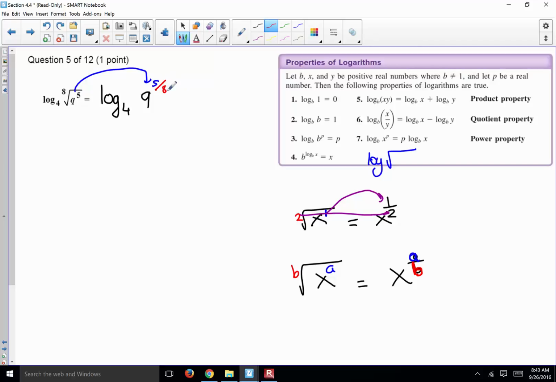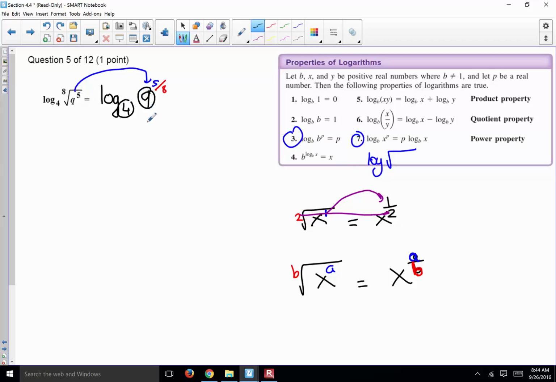Again, 5/8. Why am I changing a radical to a power? What's the purpose of this? Why are we even bothering? Why do you think I made this step? Use the power property. Yeah, so we can use either property 3 or 7. There are two. We use 3 if these two numbers match.